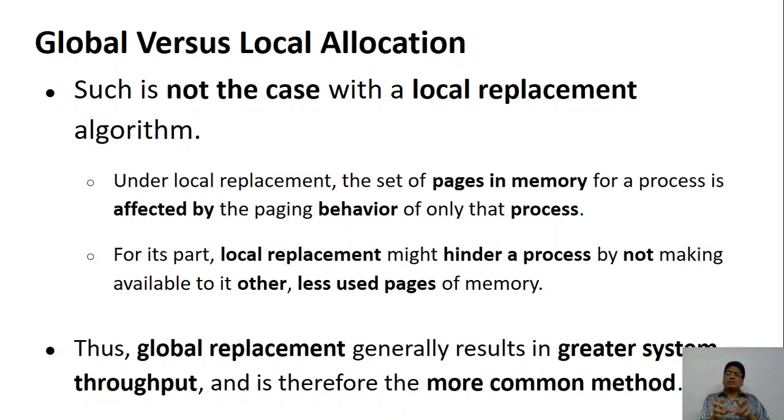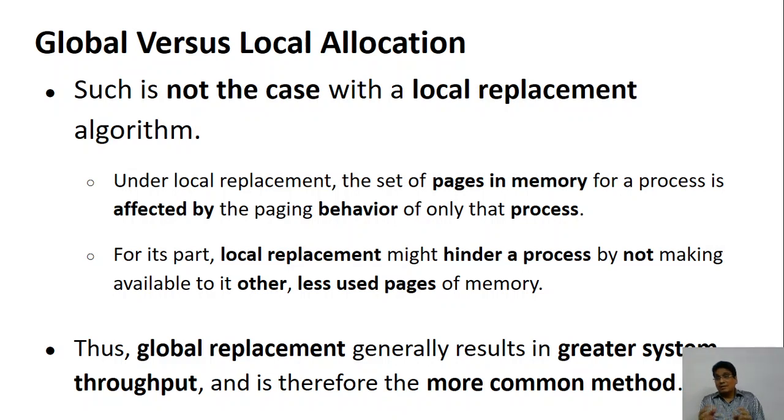Whereas with global, they are highly exploring, they go and steal the pages of others and then complete their work. So you start a process, a high priority process, it will go rob all the pages from the others and immediately complete. That's a good thing. So the number of programs that are completed increases, because every process quickly completes. If the pages are not there, it will go rob somebody else's pages and complete.